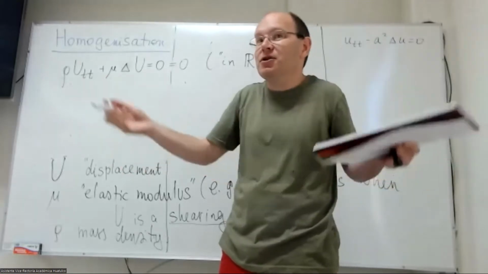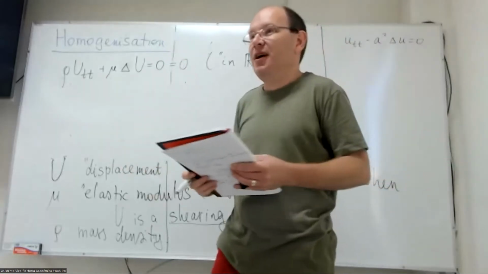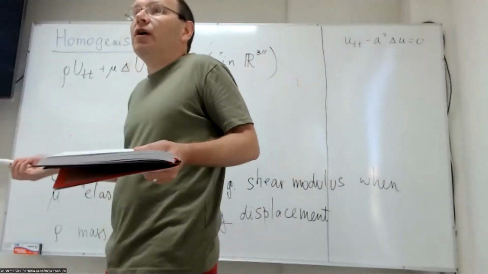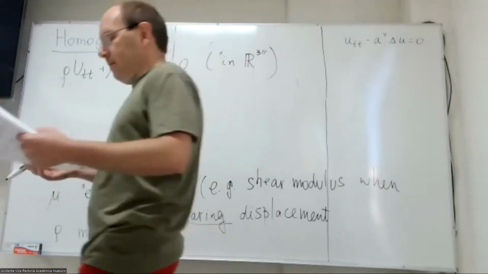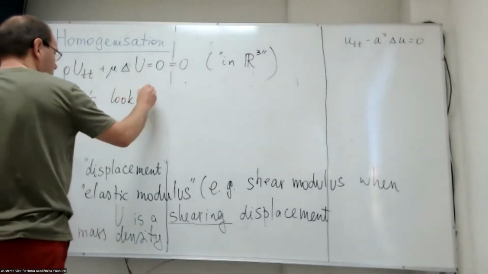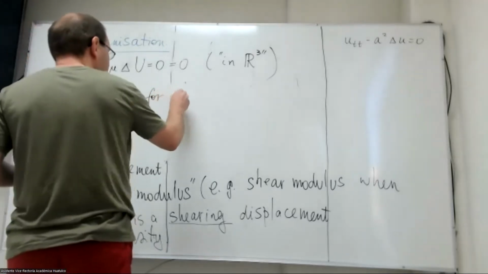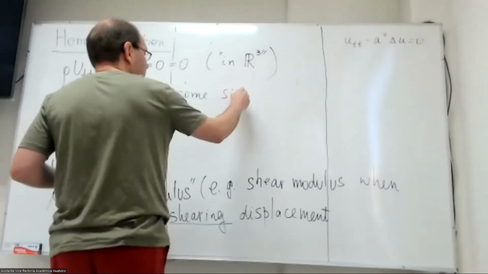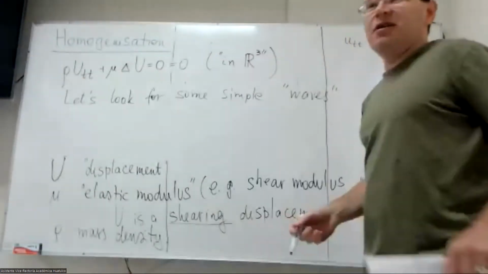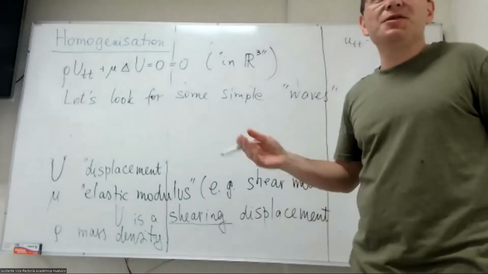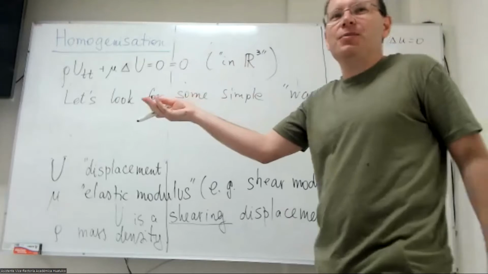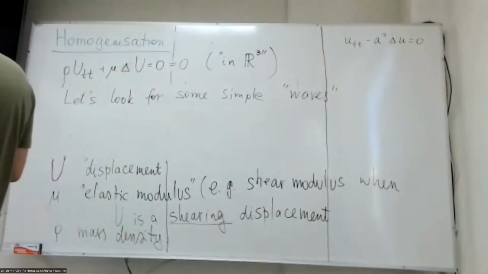I don't have any boundary conditions yet, so I have plenty of solutions, and I want to look for solutions that I would like to think of as waves. I put waves in quotes because it's partially my whim as a mathematician to try and model the physical world. I don't know if my description will be adequate, but I hope so.